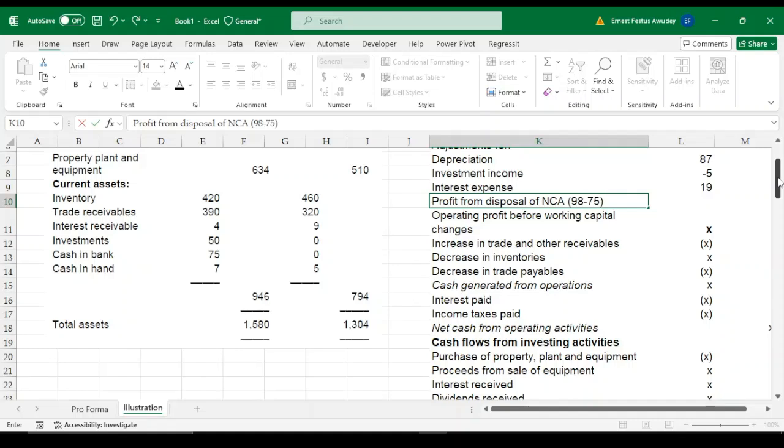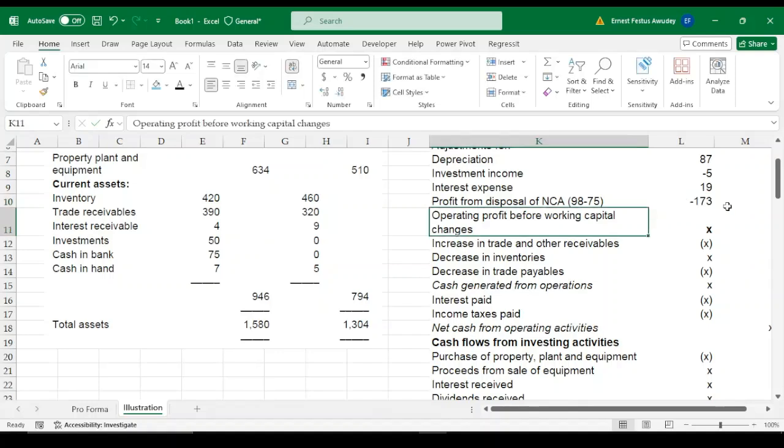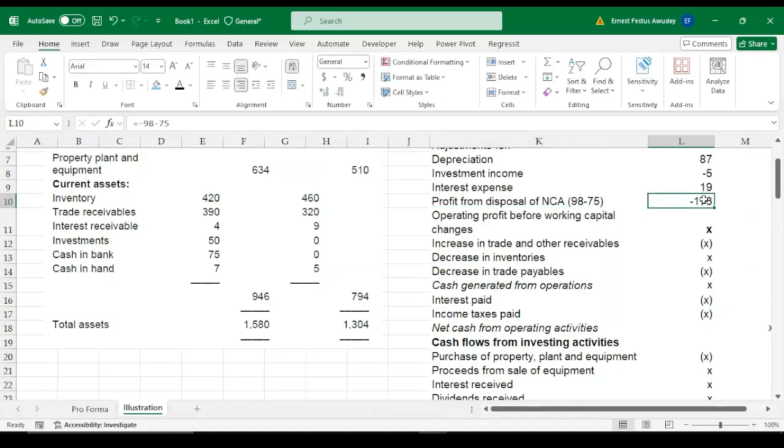I'm going to put that in brackets here, and do that calculation again: 98 minus 75, and then I'm going to put a negative figure around that.